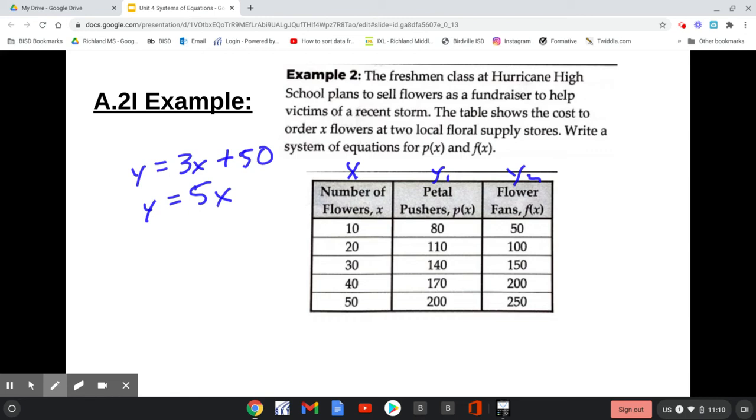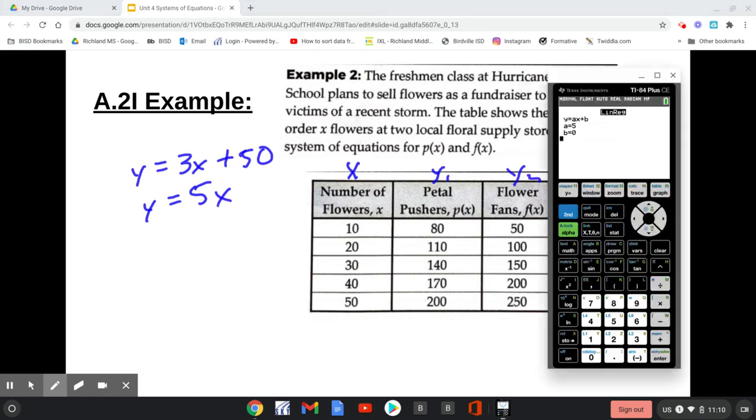If they wanted you to solve it, you would hit y equals and put in those equations. I guess we can do that real quick. Y equals, and I'm going to clear and put 3x plus 50.